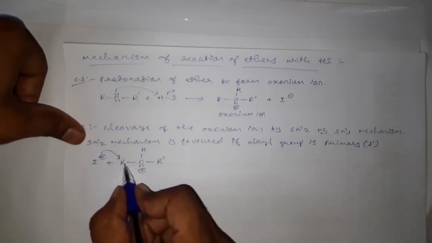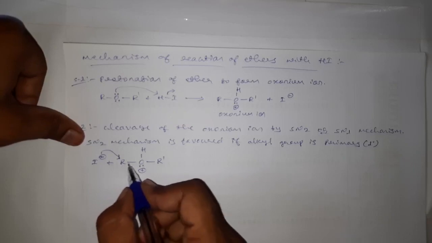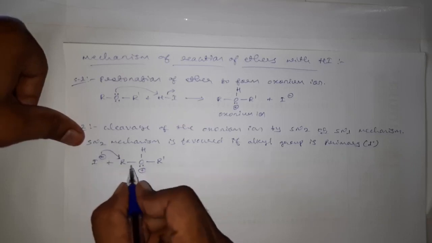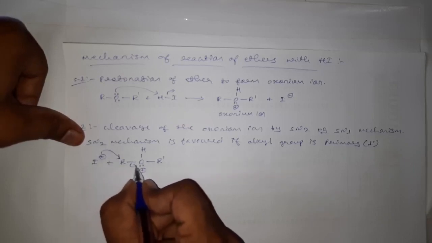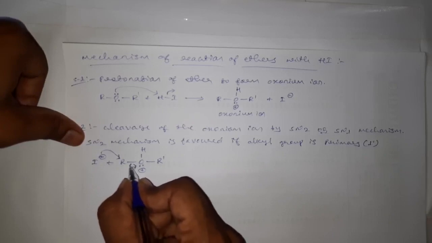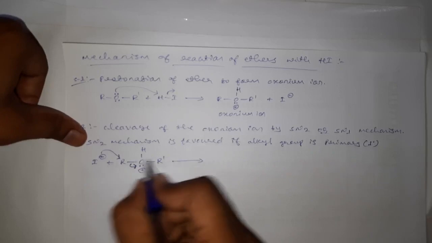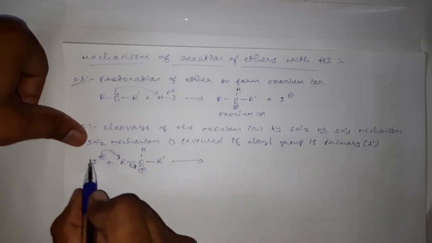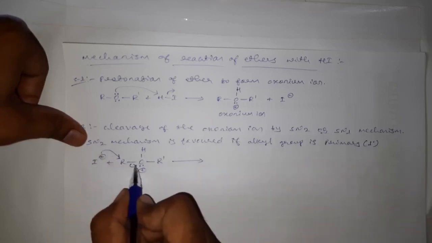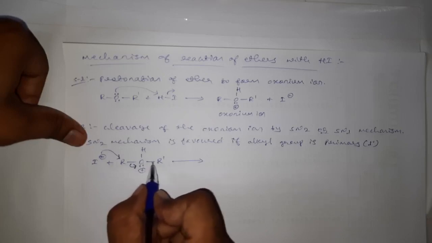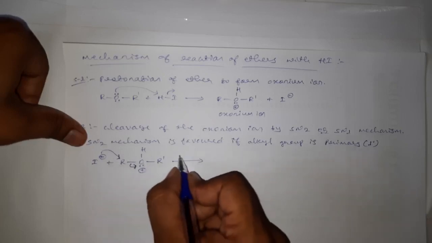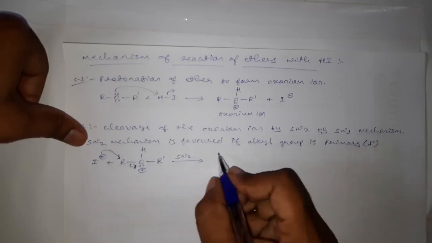If we are considering this R as a primary alkyl group, then this iodine will attack on this one, and this bond will move towards oxygen, means the bonded pair of electrons will move towards oxygen, and this reaction is following in a single step, the attacking of a reagent and the leaving group is going out of the reactant, and it follows SN2 mechanism.